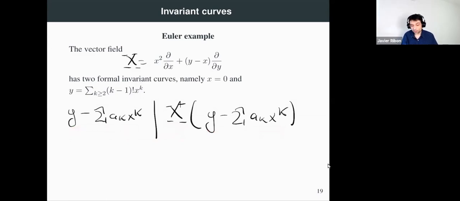But you can actually try to consider this condition when this series over here is any series, even a divergent one. And in that way, you are going to obtain a recurrence equation for these coefficients. Every coefficient is going to depend on the previous one. And so by using undetermined coefficients, you obtain that this thing, at least formally, is an invariant curve of this vector field. Okay, so since this is divergent, apparently it means nothing.